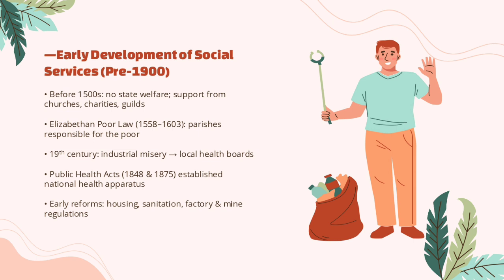In the 19th century, industrial misery led to local health boards, and the Public Health Acts from 1848 until 1875 established a national health apparatus and early reform, including housing, sanitation, factory, and mine regulation.